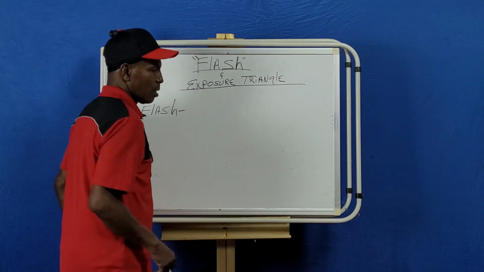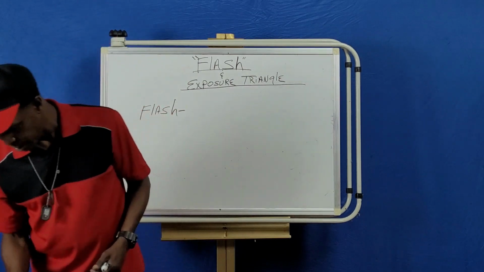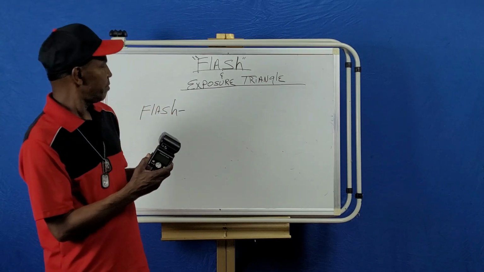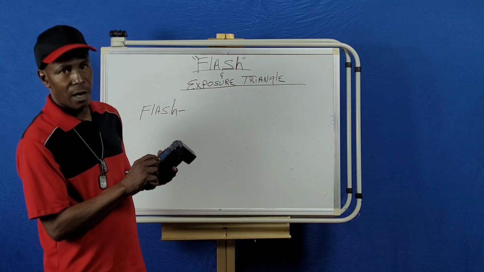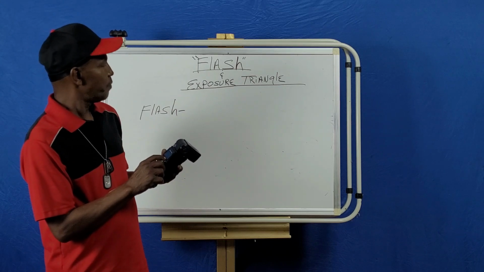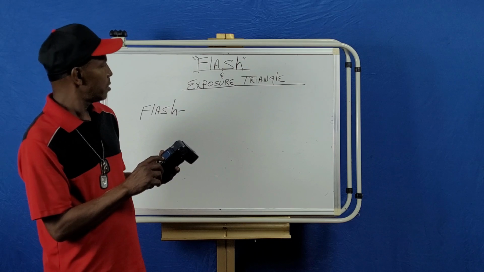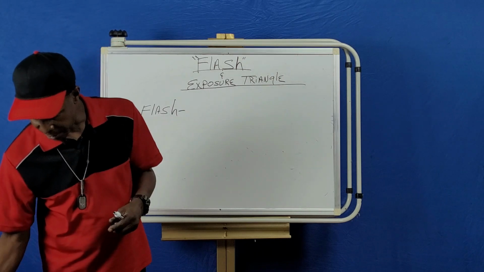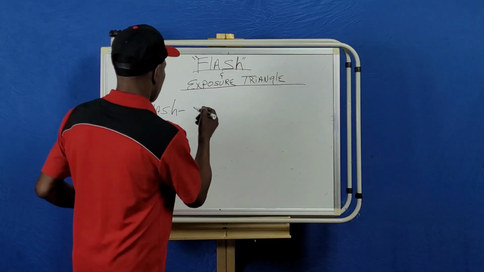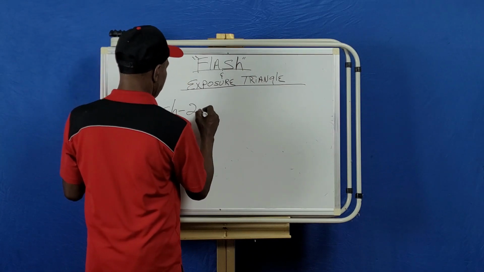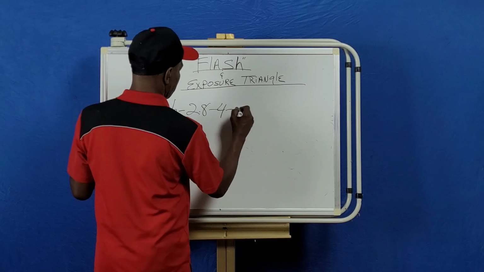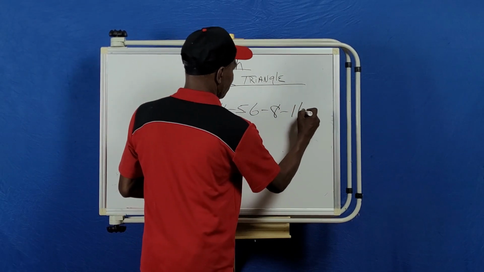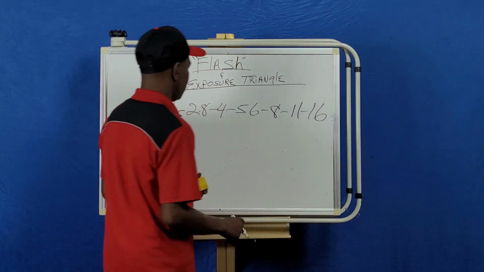And so on most flashes, like on my SB800, the setting that I use allows me to put it on manual, and it actually shows me the f-stops in there. So let's just say it's 2.8, f4, 5.6, 8, 11, and 16.